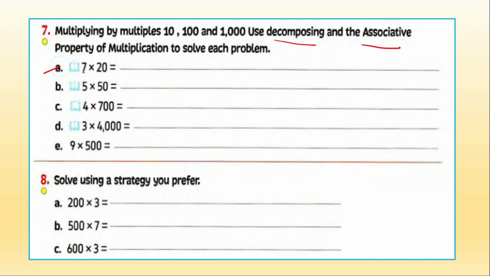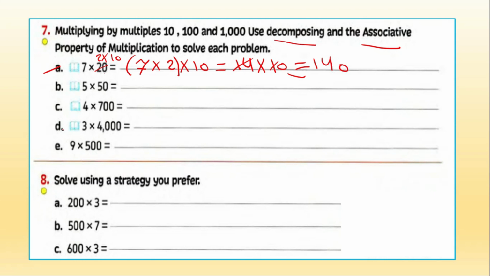Number 1, 7 times 20, so decompose 20 to be 2 times 10. Got it? So multiply 7 times 2 times 10 equals group 7 by 2 equals 14. 14 times 10 equals what? 14 by 1 equals 14 and drop 0.